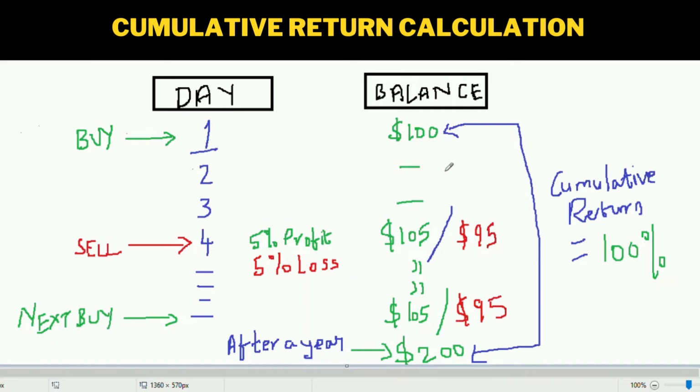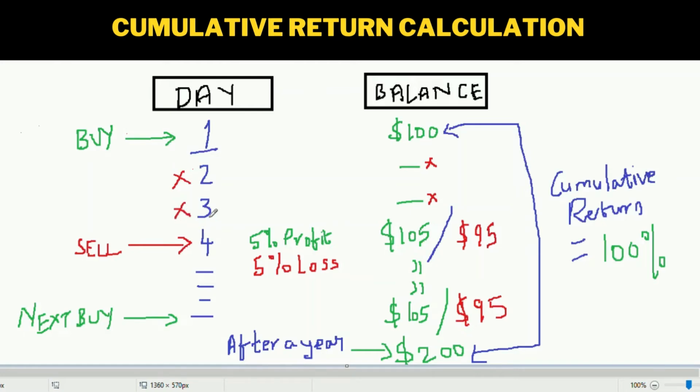Now, as you can see, after I put my $100 in this first trade, I wouldn't be left with any money here, okay, until I sell. Which means if I get a buy signal again on day 2 or day 3, I will simply ignore them.